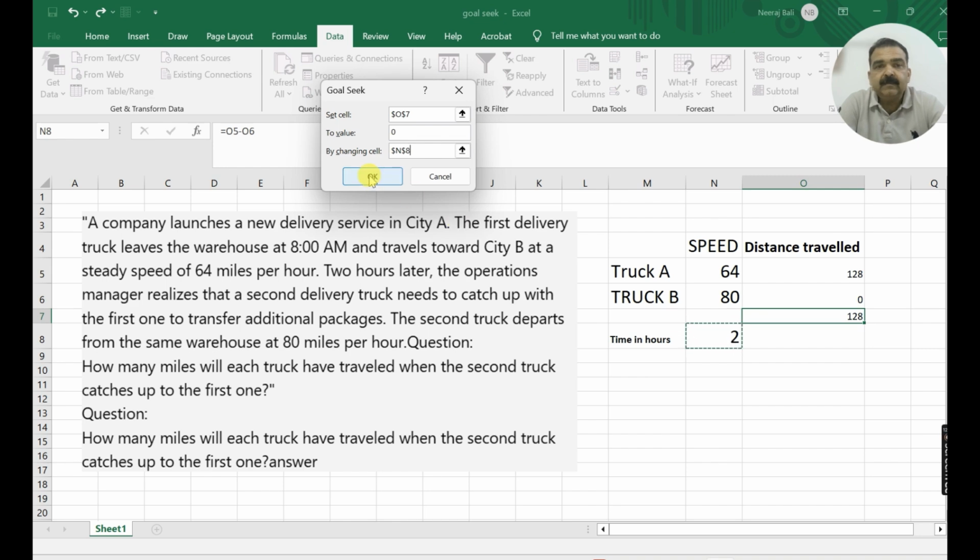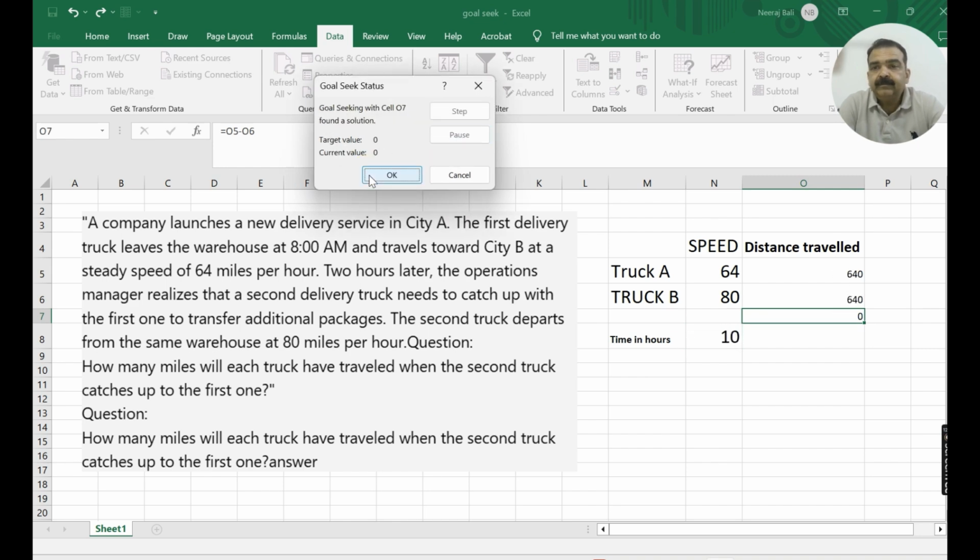So let us see exactly. At 640 miles, when they travel, truck B and truck A will meet each other at a distance of 640 miles.